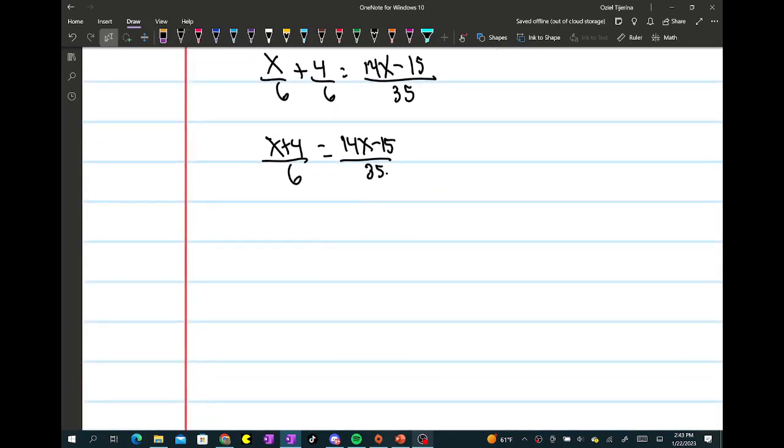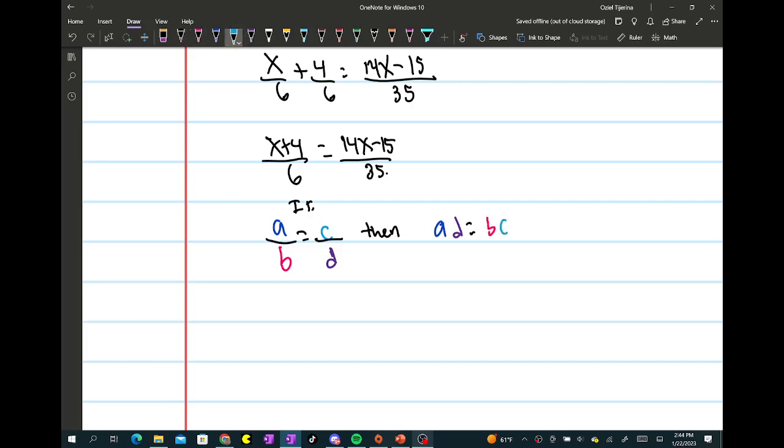So then what do I do, right? I'm going to go ahead and say that if a over b is equal to c over d, so if this is true, then AD will equal BC, right?